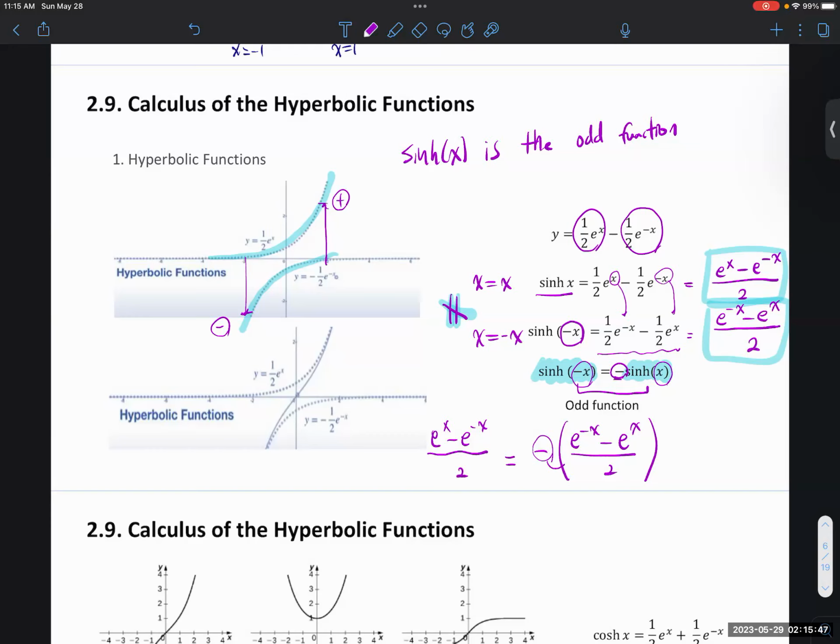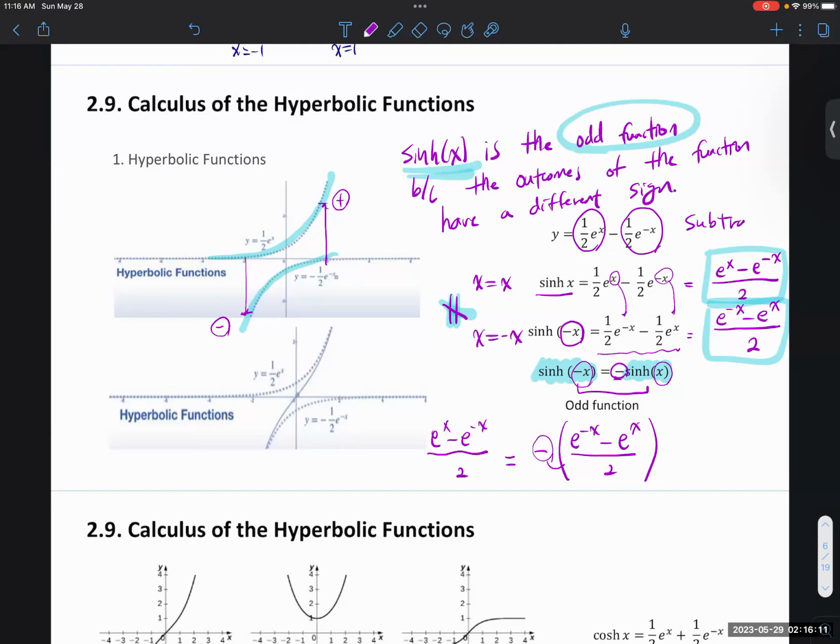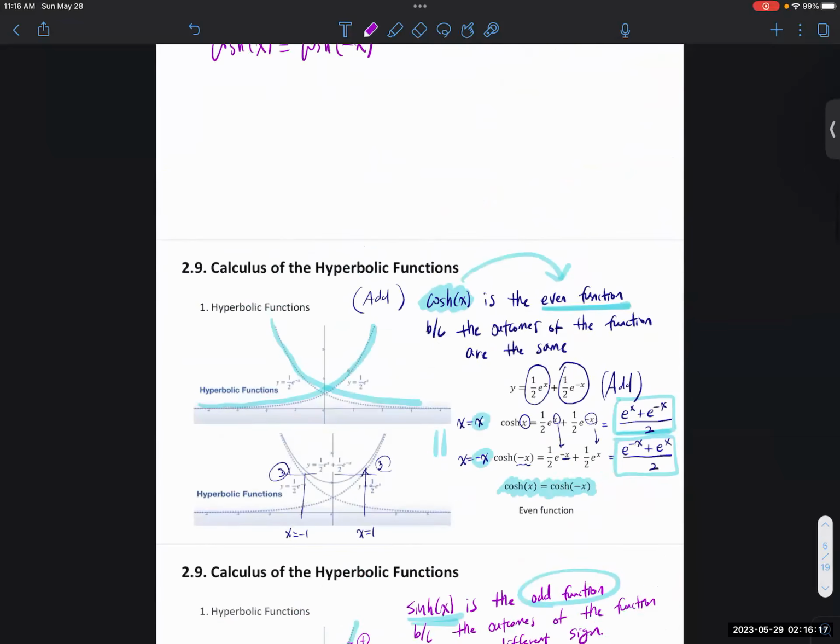So that's an odd function characteristic. Sinh is the odd function because the outcomes of the hyperbolic function have a different sign. Okay, so that's the odd function, sinh. So we subtract them. Let me write that characteristic.